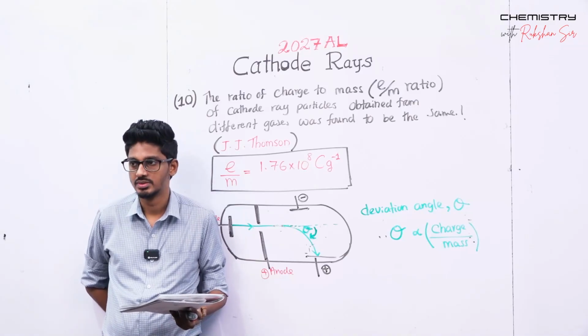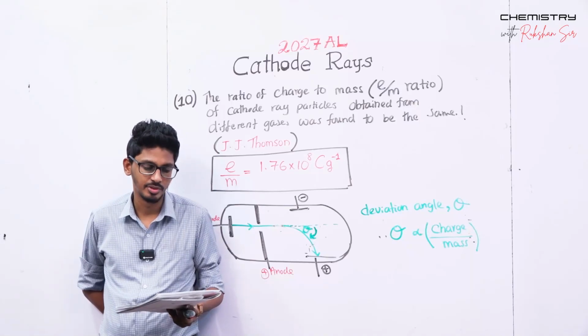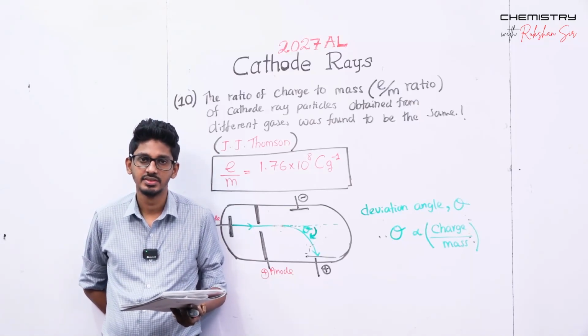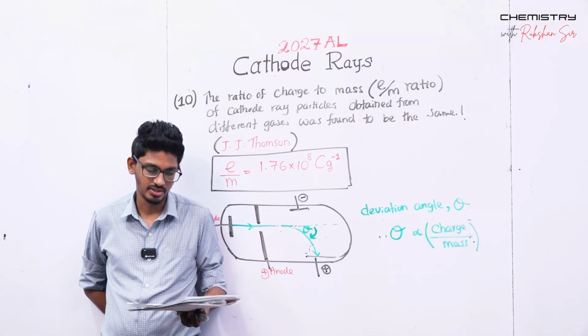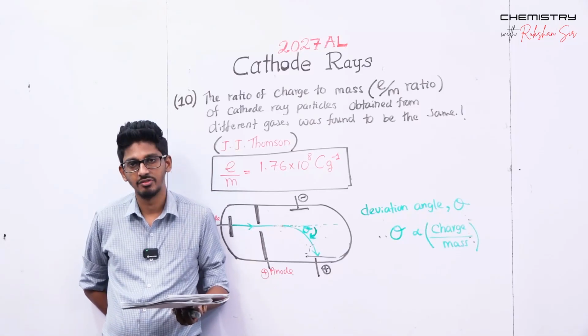Roman number 2, these are Thomson's conclusions on this experiment. Come to the red color and write: identical charge particles should be common for each and every matter.